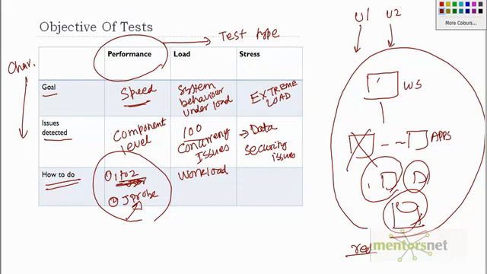Essentially, whenever you are doing load testing, you simulate whatever is going to happen in production use, and based on that you create a workload and use that workload to test the system.